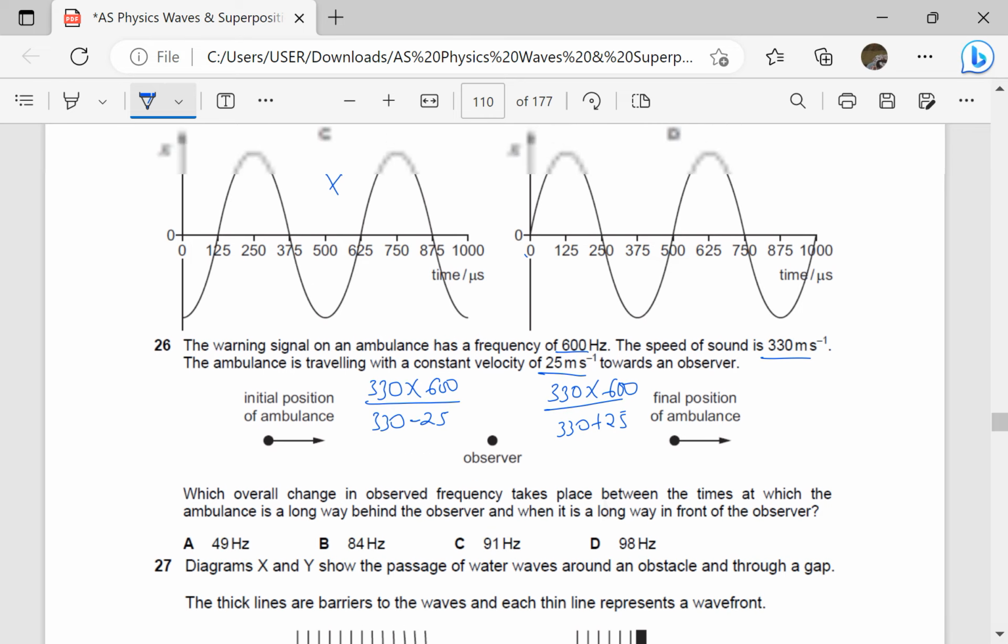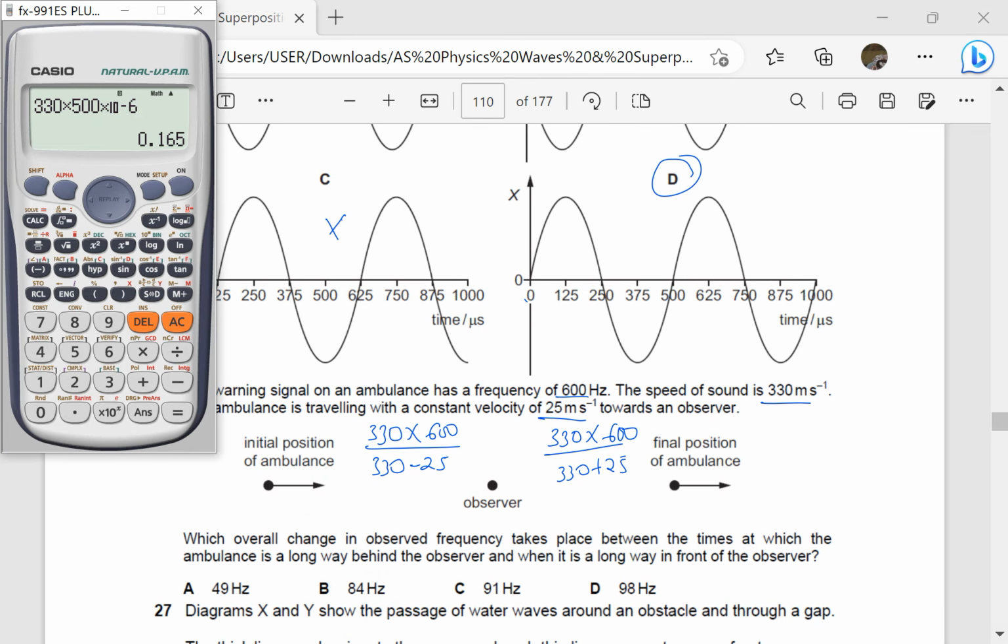So we can press the calculator to get these two values and subtract. 330 times 600 divided by 330 minus 25. So this is 649.2.